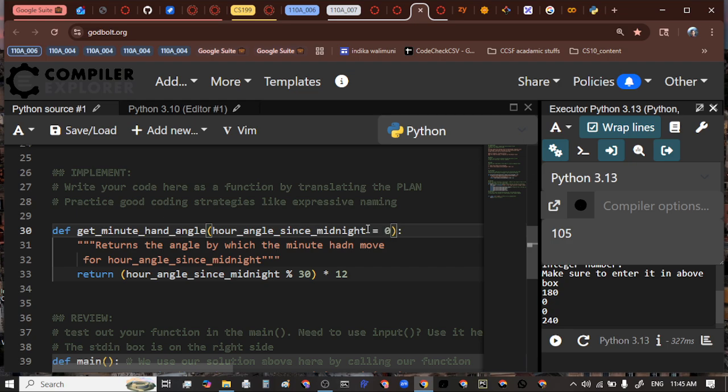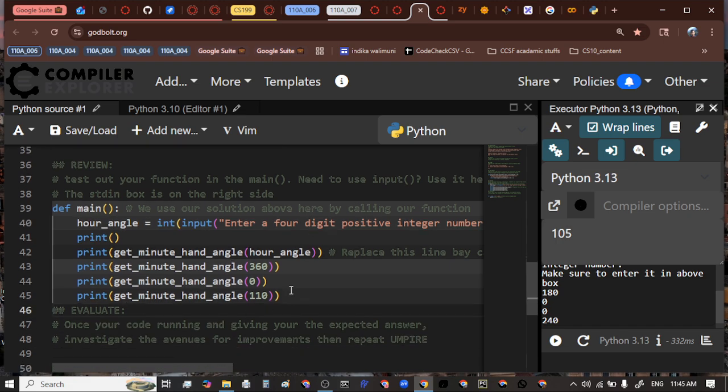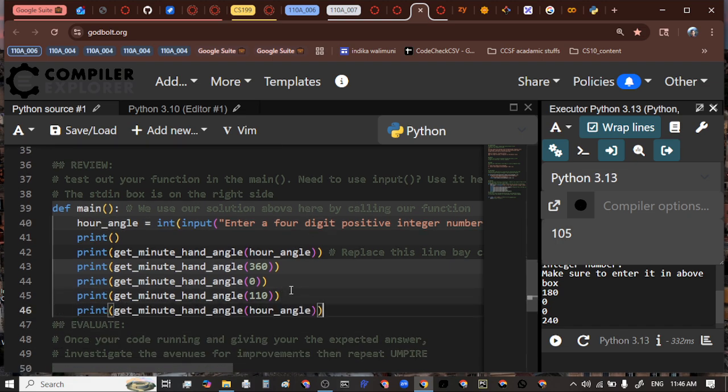Now if I call one over here without giving any argument, it's going to take the default value 0 and not complain.